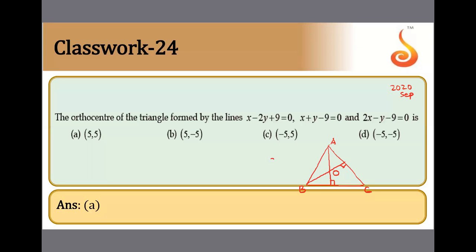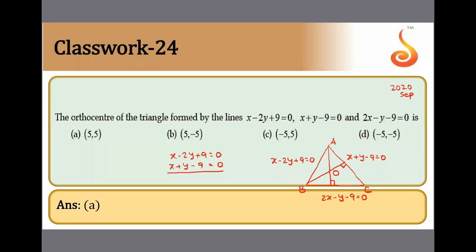So this line is x minus 2y plus 9 equal to 0. This line is x plus y minus 9 equal to 0. This line is 2x minus y minus 9 equal to 0. So we solve AB and AC to get A. What we get? x minus 2y plus 9 equal to 0 and x plus y minus 9 equal to 0.